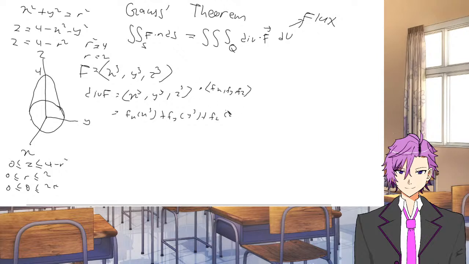So now we have to do the partial derivatives of all this. It would be 3x squared plus 3y squared plus 3z squared.